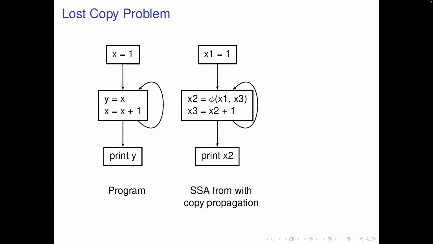So I can replace this by x2. There is no point in keeping y. The moment I do that, I don't need y anymore. I can remove it. Okay. So now my program is x2 is phi of x1, x3 and x3 is x2 plus 1. I did exactly what copy propagation says. Okay. Can you execute this program?